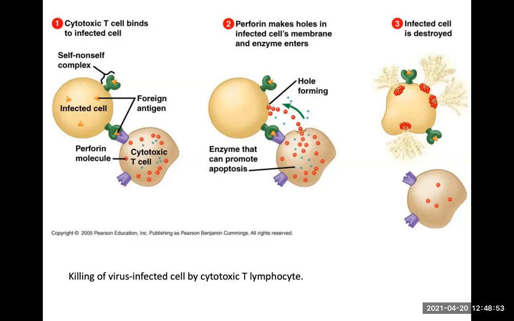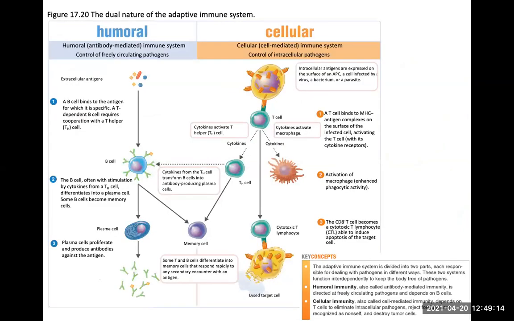Okay. So in this case, the cell was infected by a virus, but it could have been a precancerous cell or cancerous cell, right? Or infected with an intracellular bacterial pathogen, right? Okay, so overall, we have a summary of the adaptive immune system.